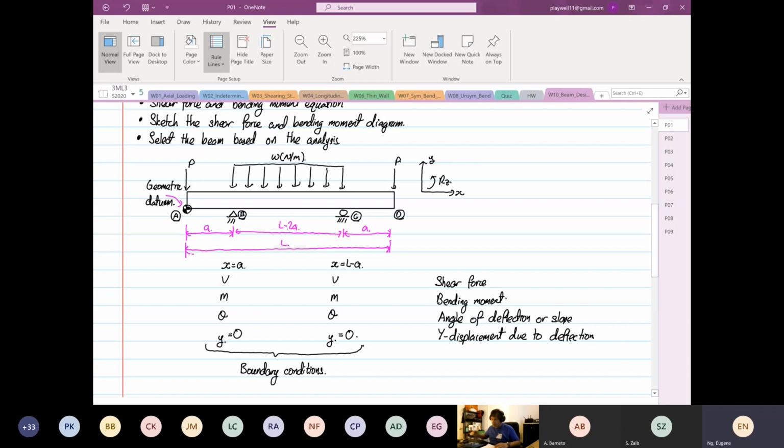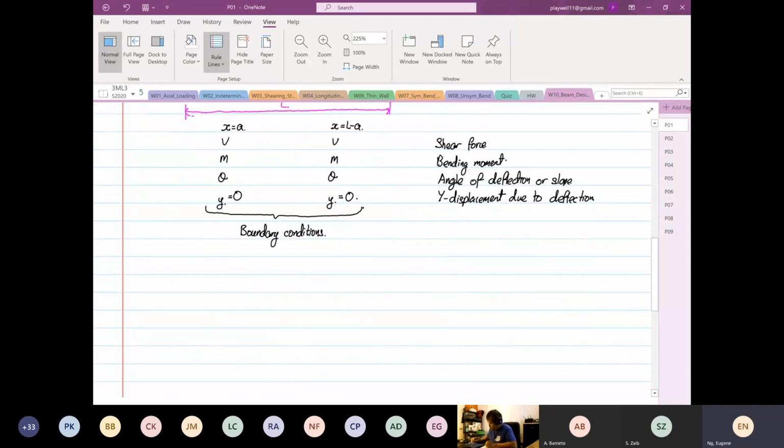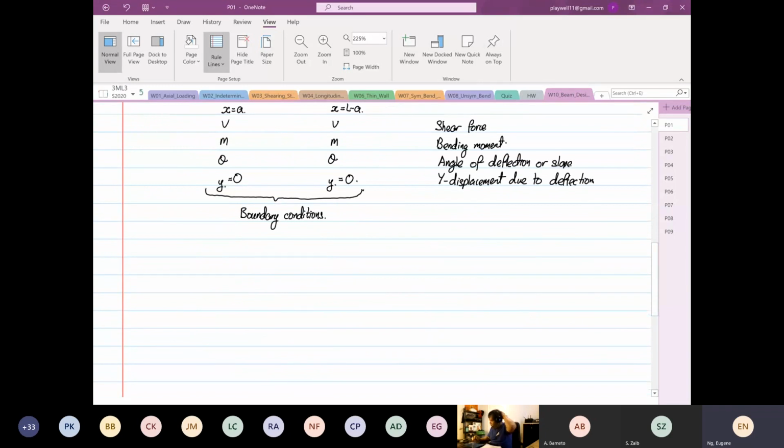Okay, so the first thing to do to enable your shear force and bending moment diagram, you have to perform static analysis first.